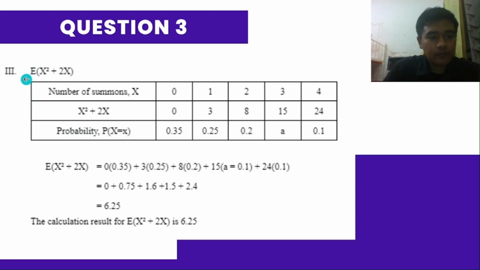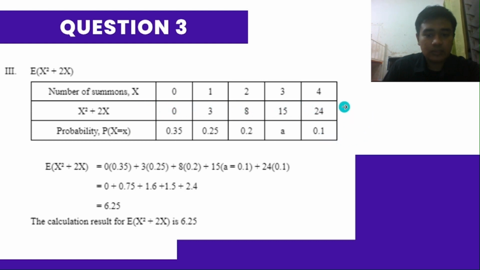Then to get E(x power of 2 plus 2x), we need to multiply the number we got for x power of 2 plus 2x with the probability of x, like in this table.